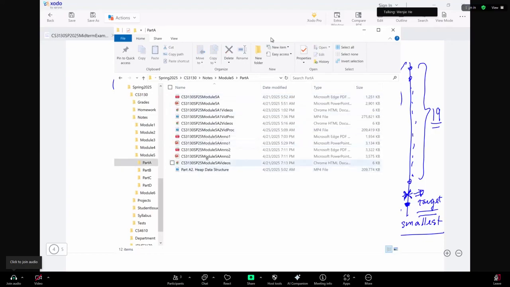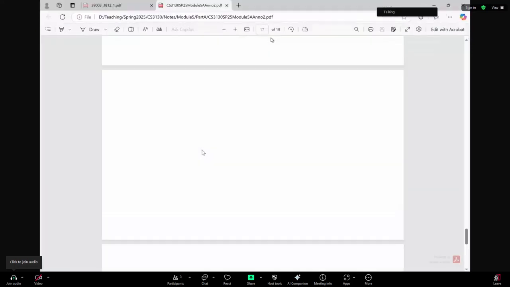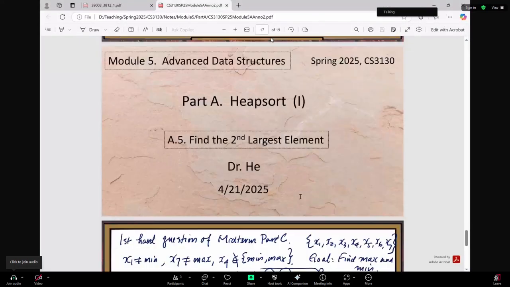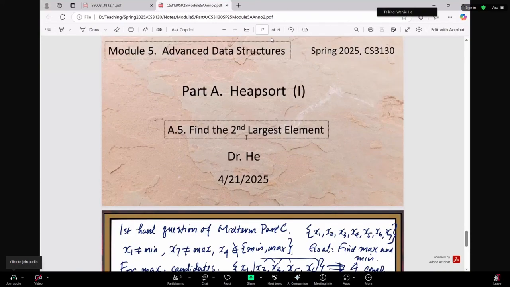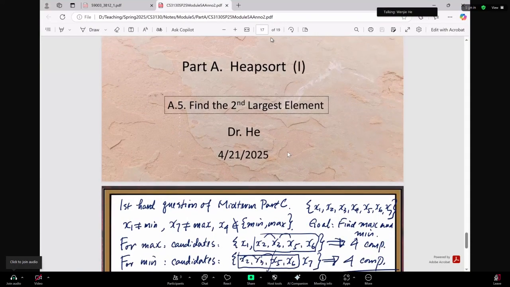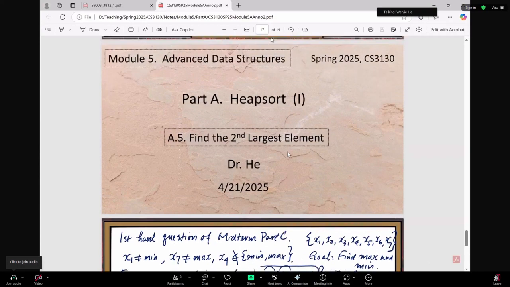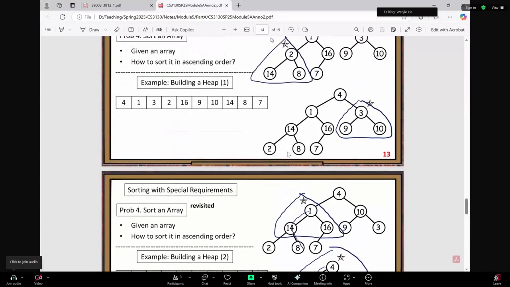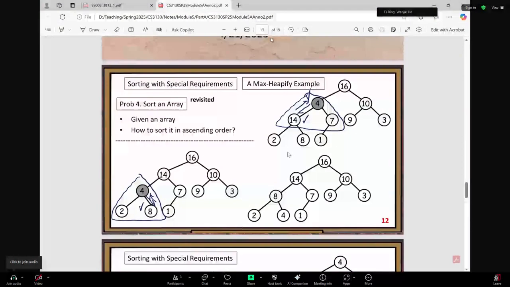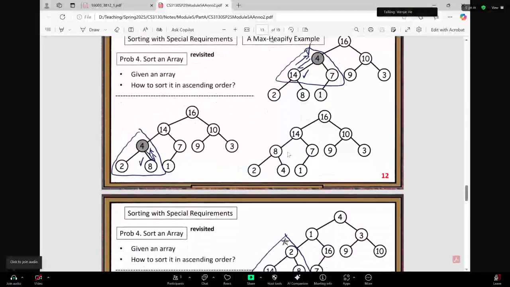A1, let me see, A1, A2. All right. See? This one. I don't know if it's this A1 or A2. Oh, A2. This one is actually A2.